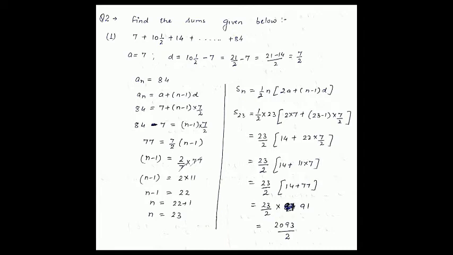So 23 by 2 outside the bracket; inside, 7 2s are 14, plus 22 multiplied by 7 by 2. 22 and 2 will get simplified. So in the bracket it will be 14 plus 11 into 7. 11 into 7 will be 77. After solving the bracket, it will be 23 into 91. When we multiply, it will be 2093 divided by 2. So this is S23 we have found. I hope you all have understood.